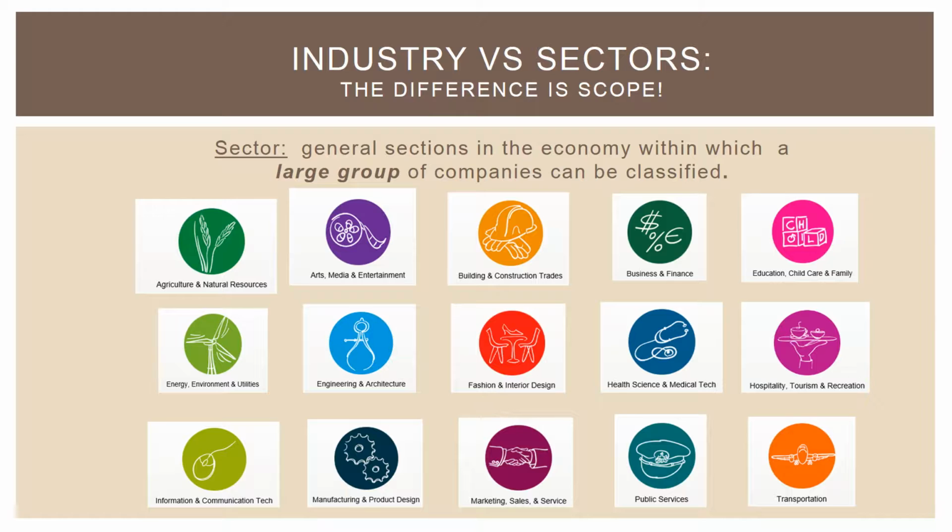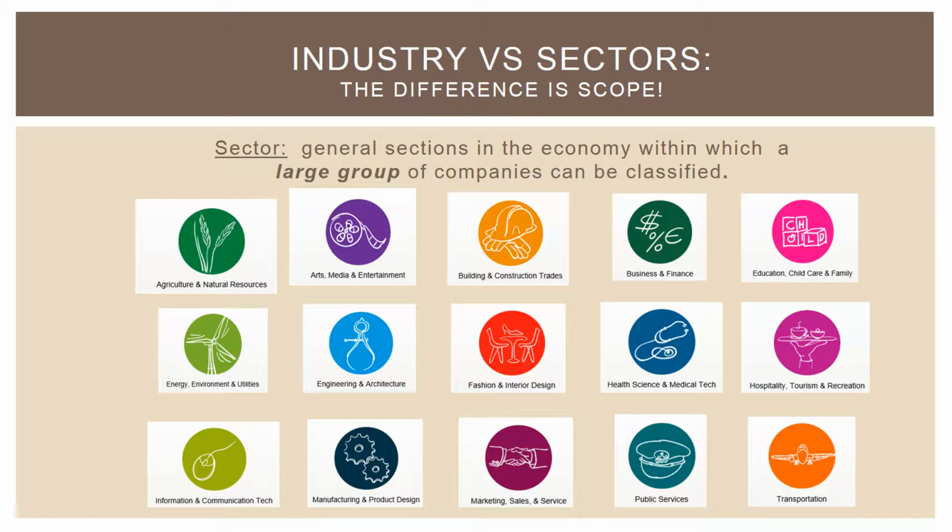The difference is usually a matter of scope. Sectors are actually industries organized according to the Standard Industrial Classification Codes or North American Industry Classification System classification schemes.